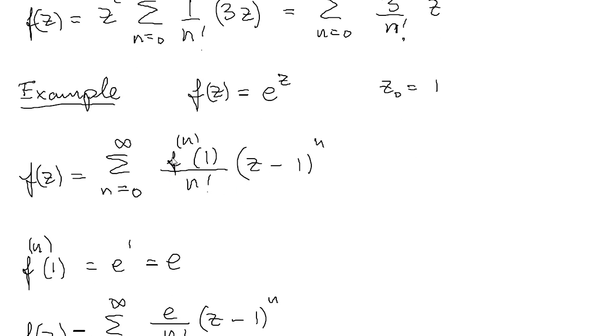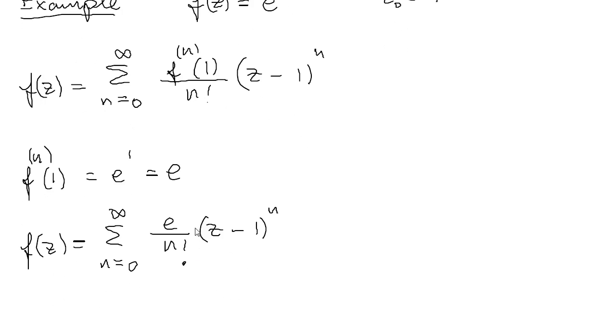So in this case we have the nth derivative at z0. What is that? Well, it's easy also in this case, because the nth derivative of f for any value of z is equal to the exponential function of z. So in this case z0 is equal to 1, so we have that this nth derivative is equal to the exponential function of 1, which is just this.